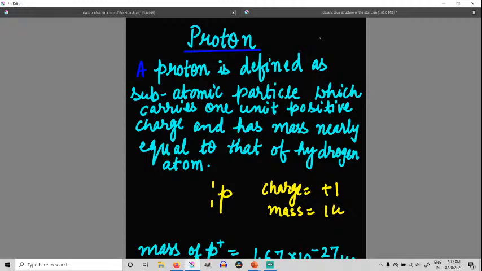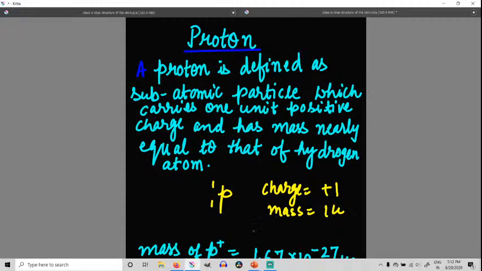Without protons, no atom can exist, because they constitute the mass of an atom. A proton is defined as that subatomic particle which carries 1 unit positive charge and has mass nearly equal to that of a hydrogen atom.